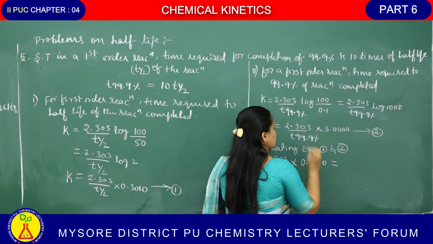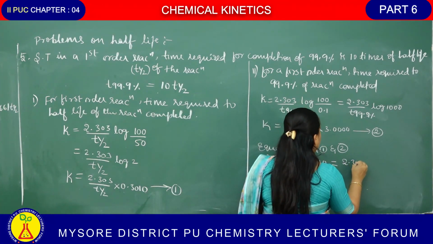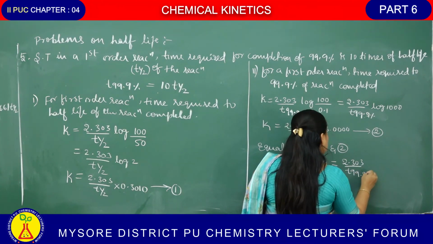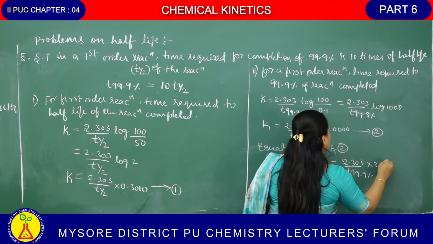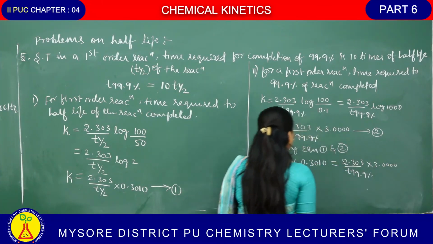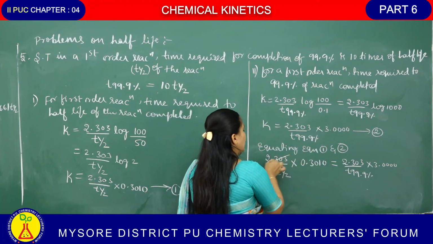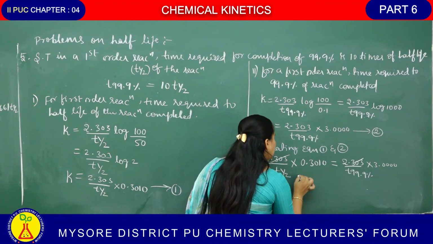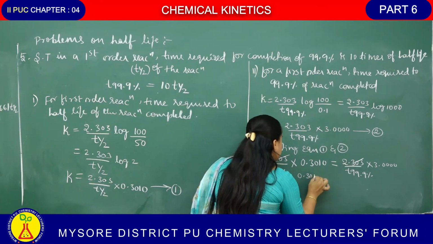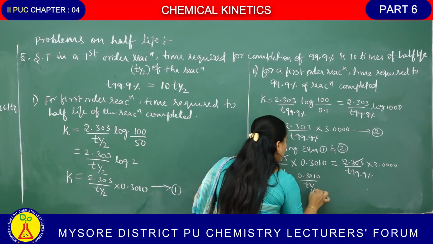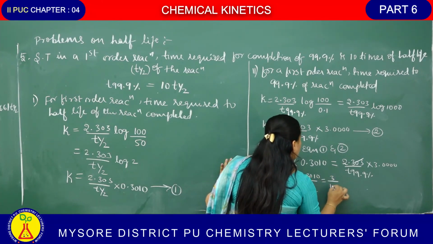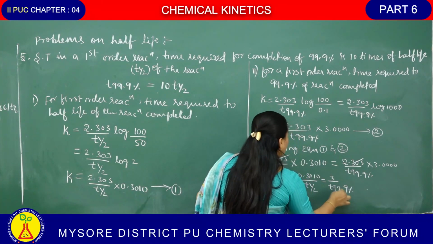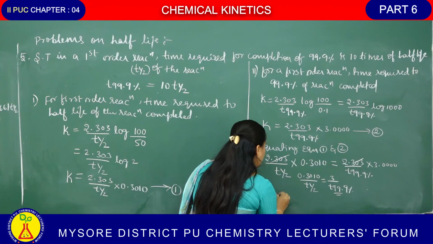In the same way, what is equation 2? 2.303 divided by t 99.9% into 3.00. Okay, 2.303 and 2.303 are on the same side, so they get cancelled. Finally, we are left with 0.3010 divided by t half is equal to 3 divided by t 99.9%. We have to calculate the t 99.9%.